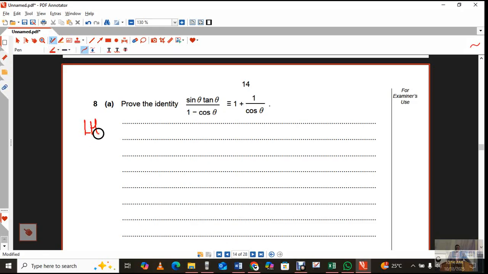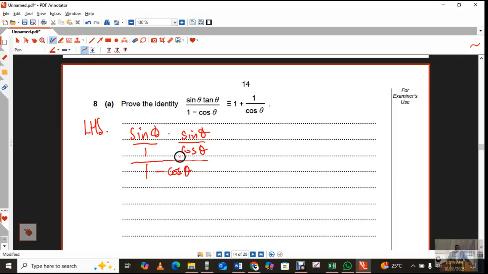The left-hand side, this is sine theta. Then tan theta is nothing but sine theta over cos theta. Okay, and all of this, I can put over 1, no problem. All of this over 1 minus cos theta.